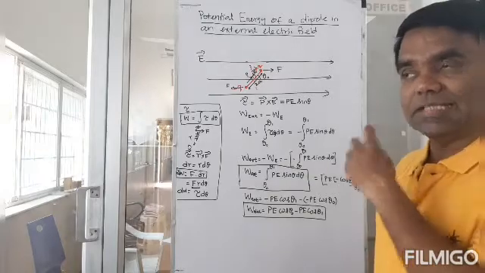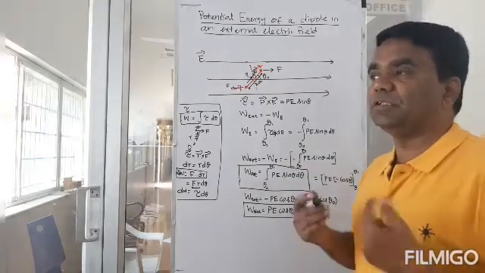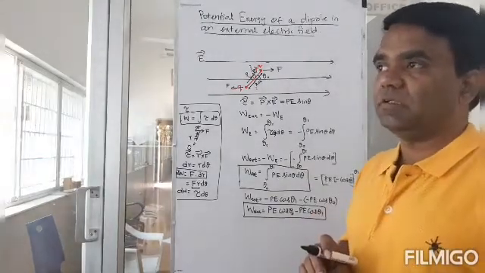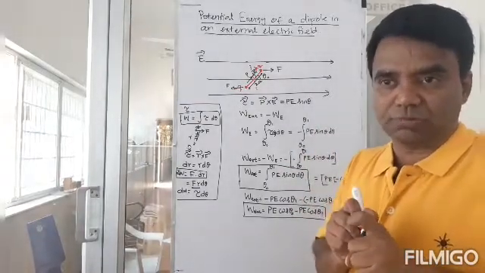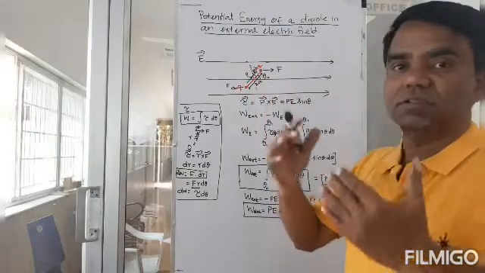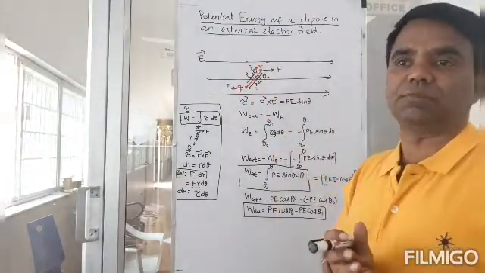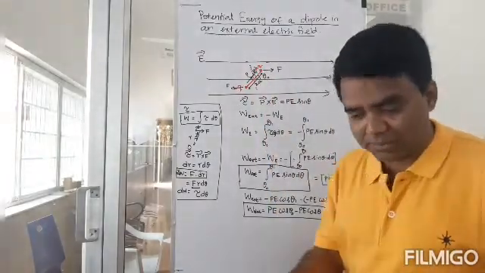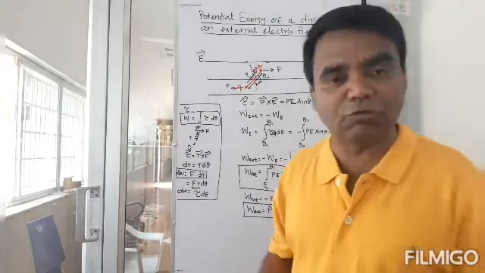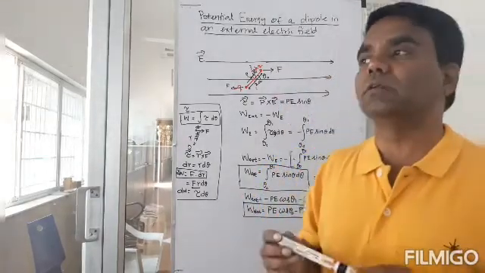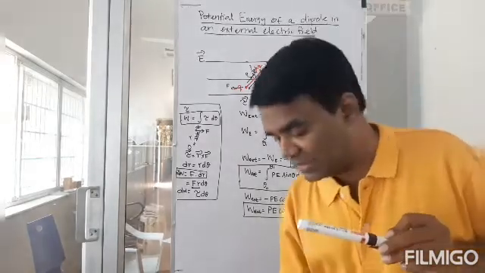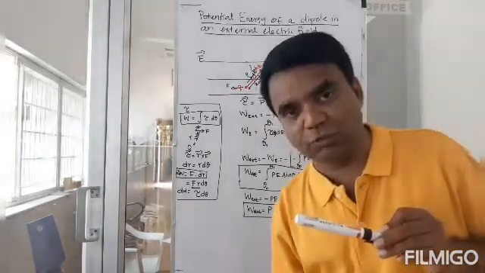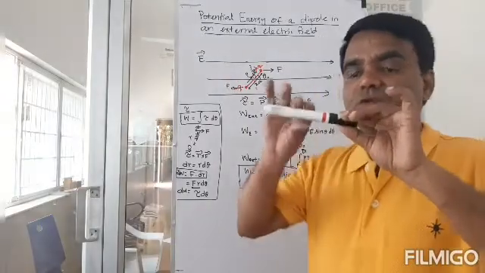So you can see, as I have discussed already, that when you talk about potential energy, the difference in potential energy is important, not the absolute value of potential energy. For example, if I am standing on the ground floor here, I can assign potential 0 to the floor, and then what is the potential of this?